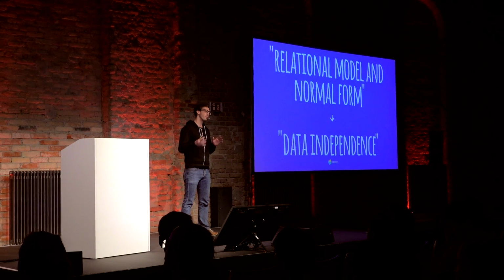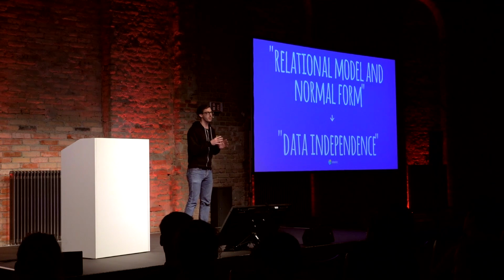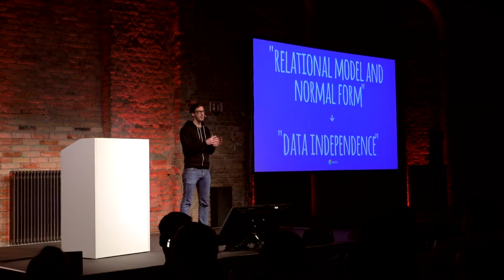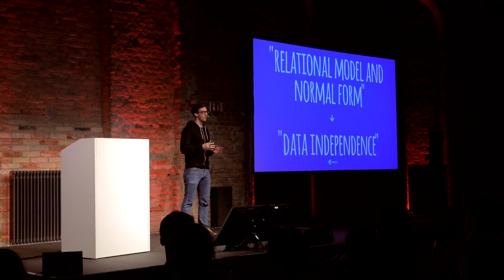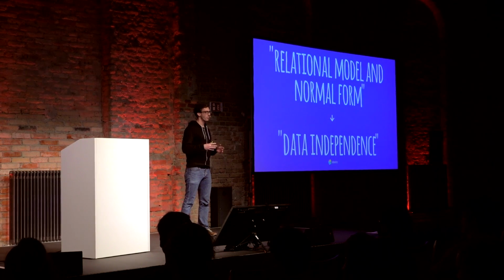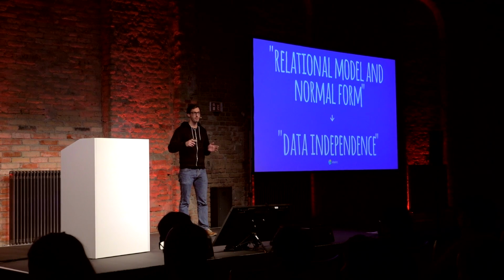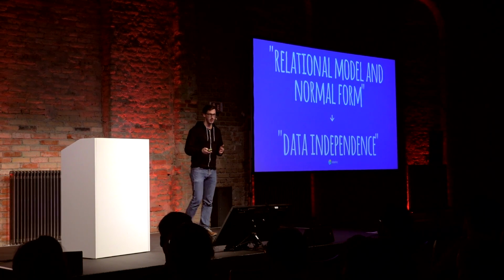The problem beforehand was that you had different database implementations, but to use them you needed to know in great detail what they were using and how they were structured, and you would implement your application tailored for that specific database. But Codd said, this is a stupid idea. We'll find a generic model and build on that model so that it's pretty much the same for everybody.